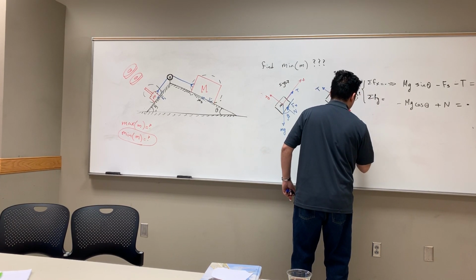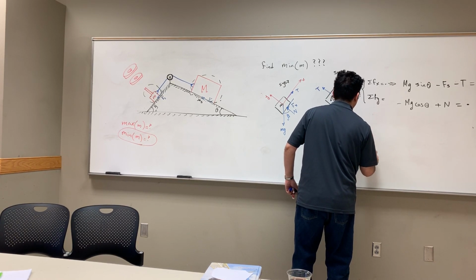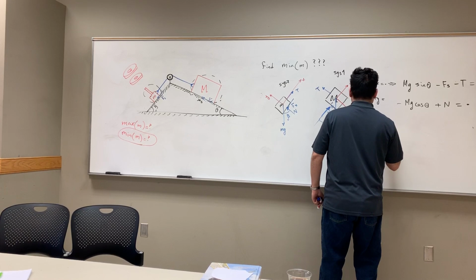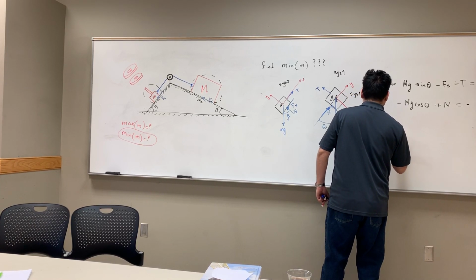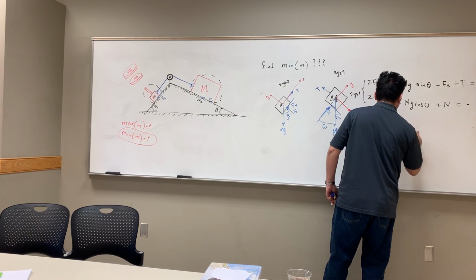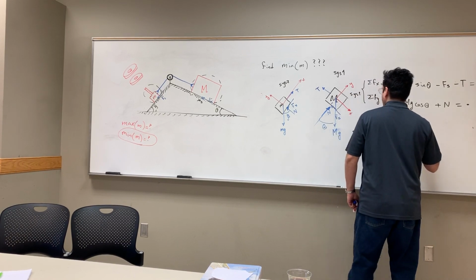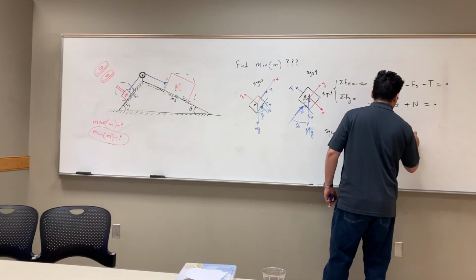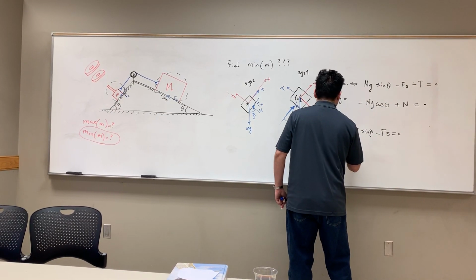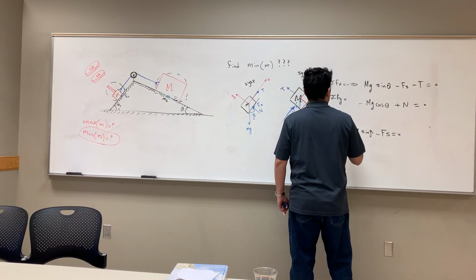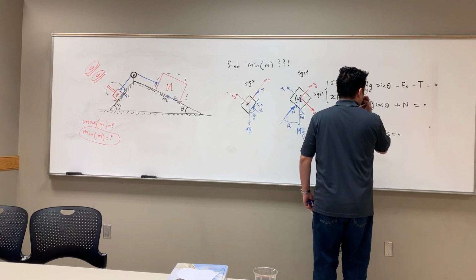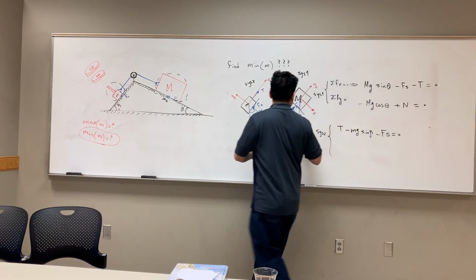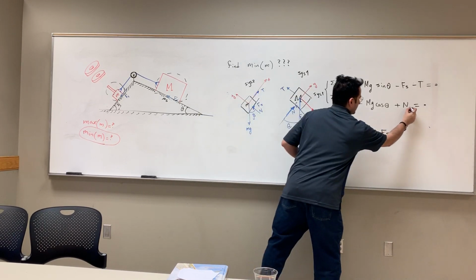For system 2, you get this guy. You get T minus mg sine theta minus Fs is equal to 0. And in fact, don't forget, this is N in system 1.